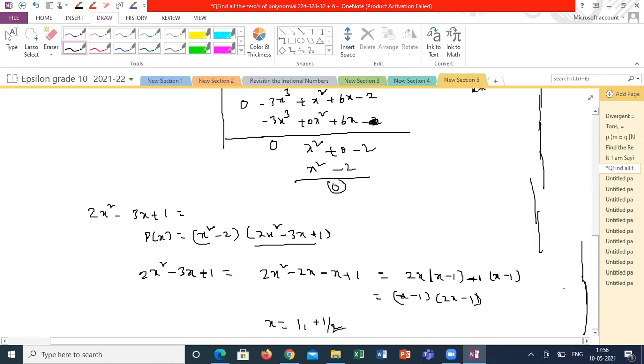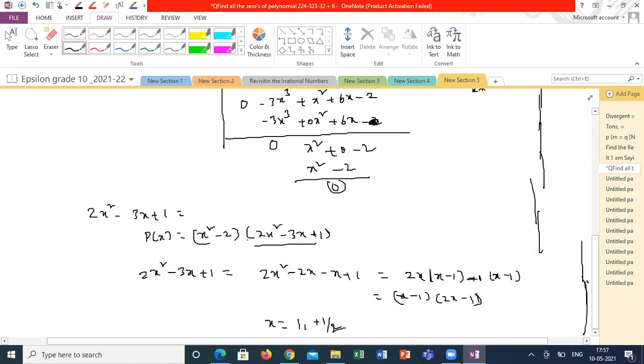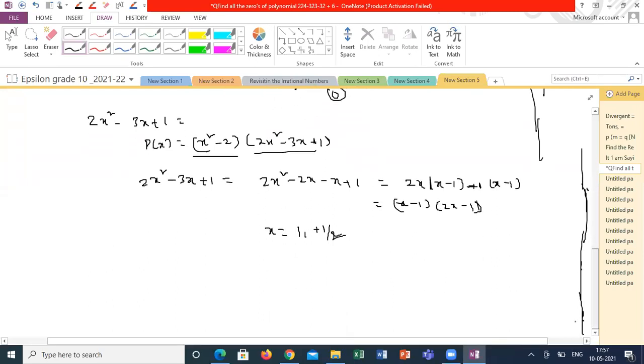Suppose you are unable to factorize, then I can say it has only two real zeros and the remaining are unreal zeros. This is how we can find the remaining zeros of the given polynomial using the remainder theorem as well as the division algorithm. Is it clear, guys?